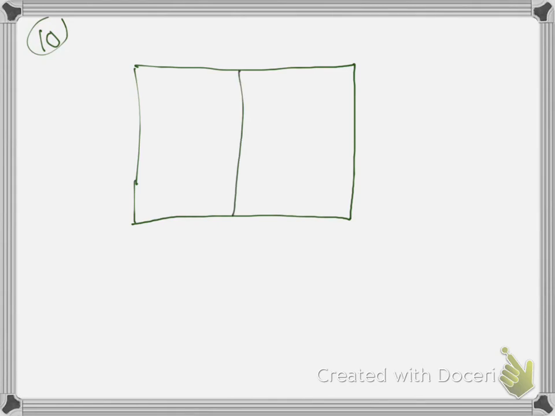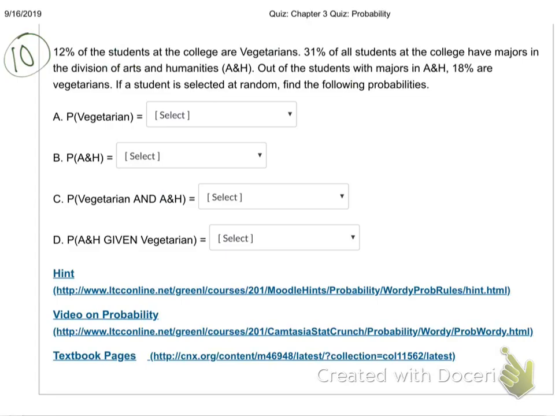This is number 10. We're going to have our big box thing. And what are the two characteristics we're talking about on this problem? Did you recognize them? What are the two characteristics that somebody can have or not have? They're a vegetarian or not.